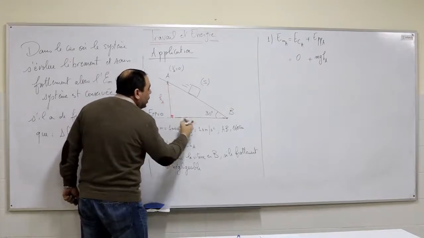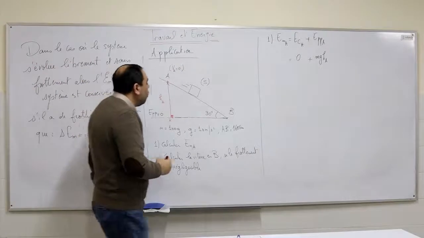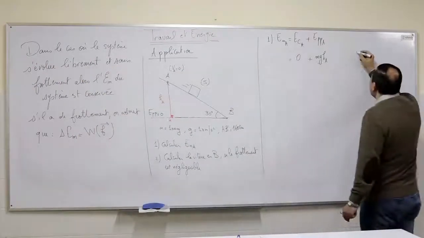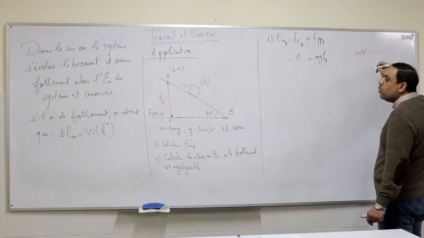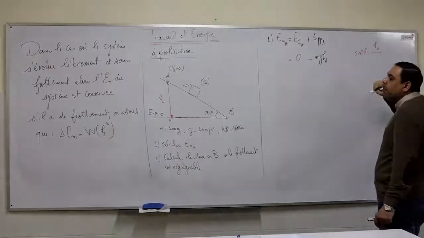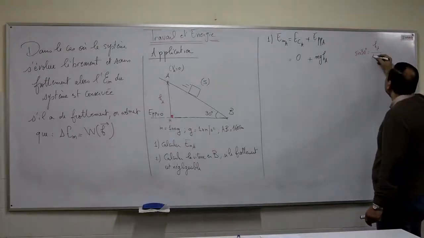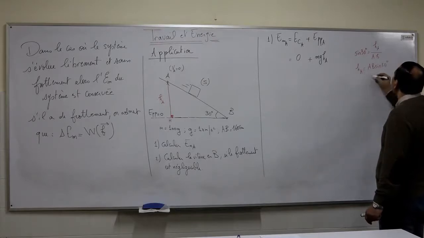Now consider the right triangle AHB. In this triangle, sine 30 degrees equals the opposite side, which is HA, over the hypotenuse, which is AB. Then HA equals AB sine 30.